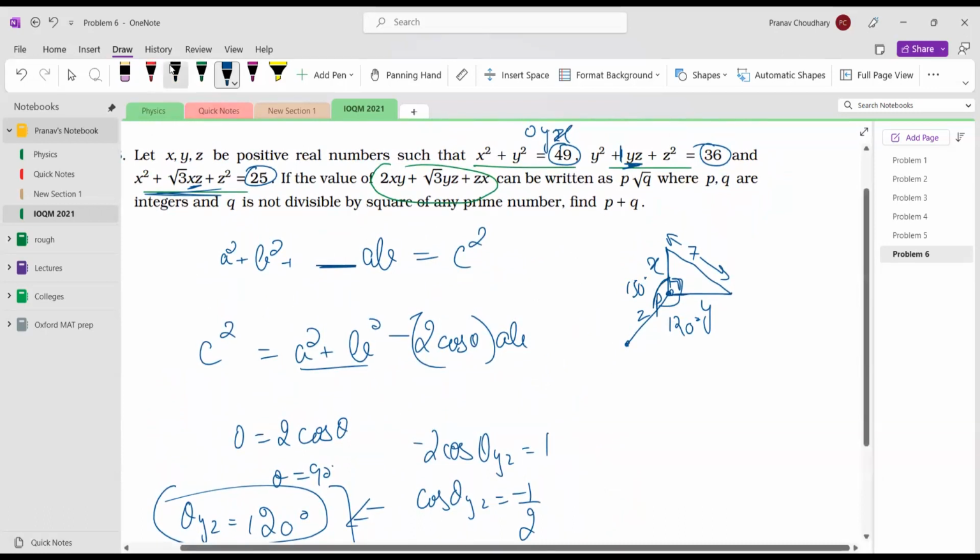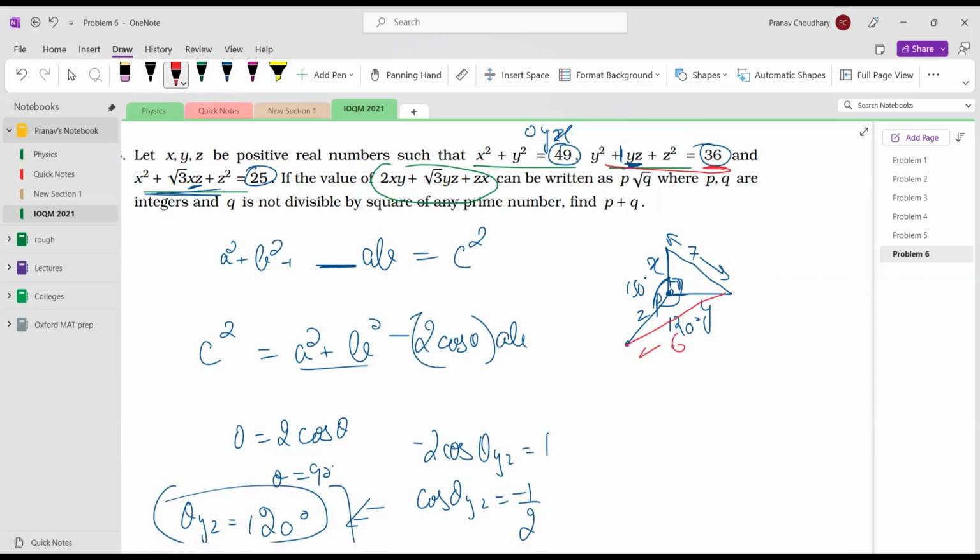And now y and z, this length is 6 squared, so this length should be 6, and this length should be 5, like 5 squared from here.